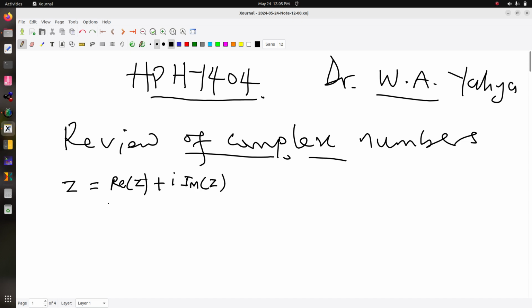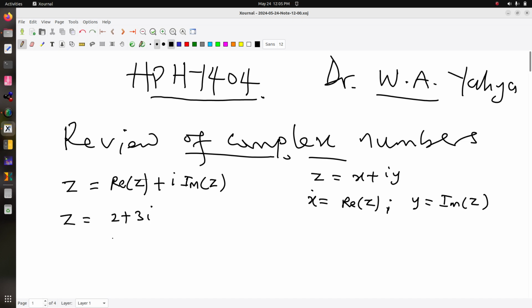Usually we write Z equals X plus iY, where X is the real part of Z and Y is the imaginary part of Z. If you have a number Z equals 2 plus 3i, this is a complex number because there is both a real part and an imaginary part. The real part here is 2, while the imaginary part here is 3.